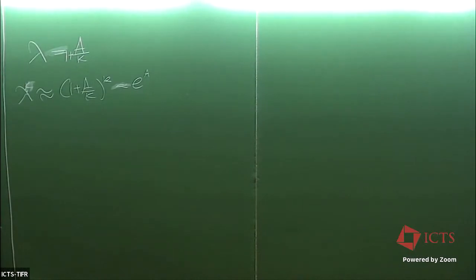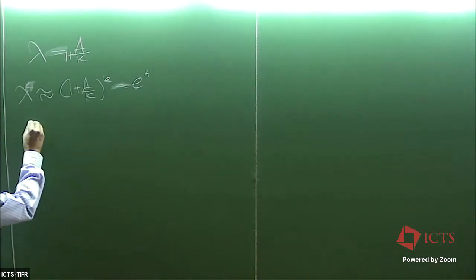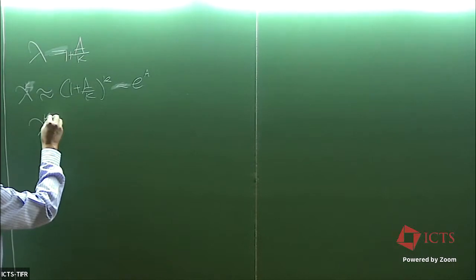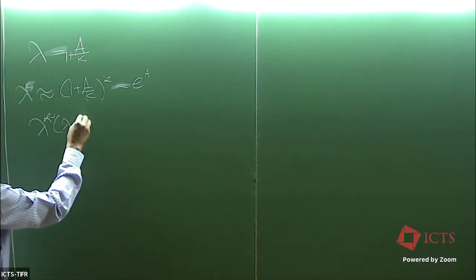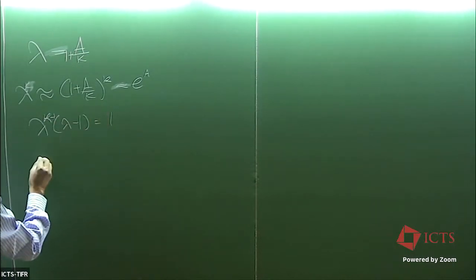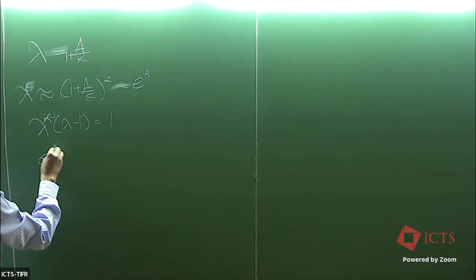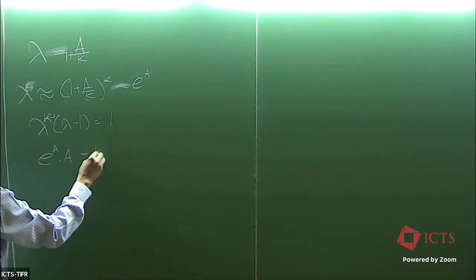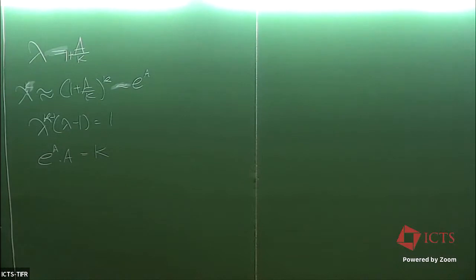Here the equation is lambda to the power k minus 1 times lambda minus 1 equal to 1. So it becomes e to the power a equal to k, to leading order in k.